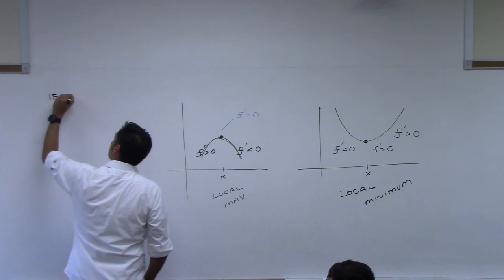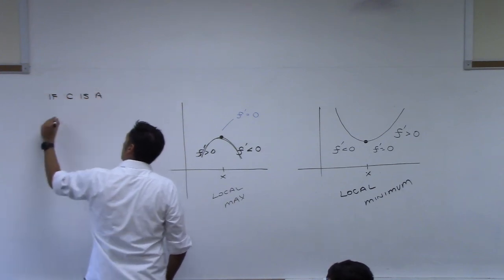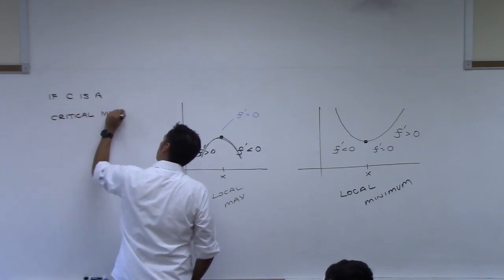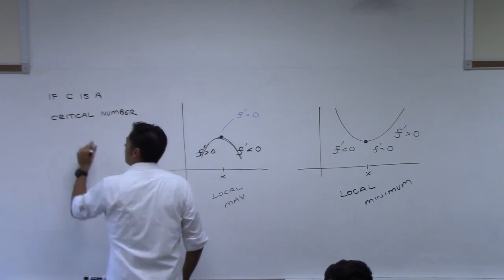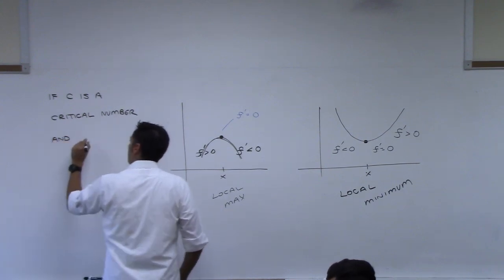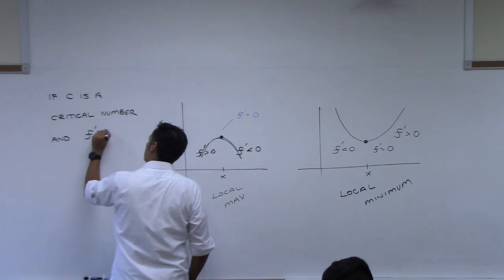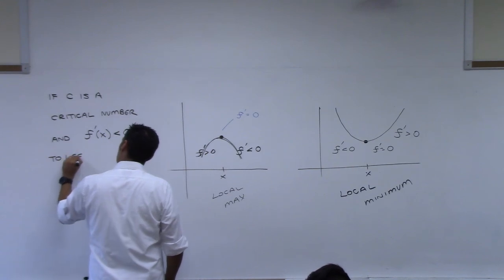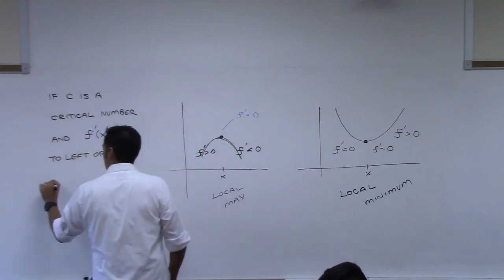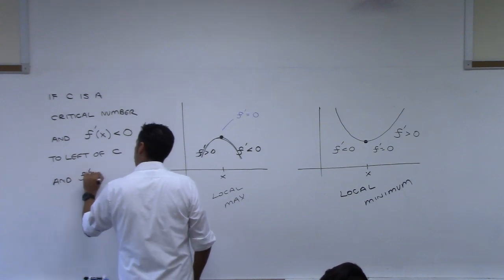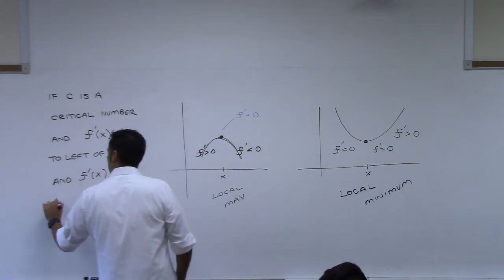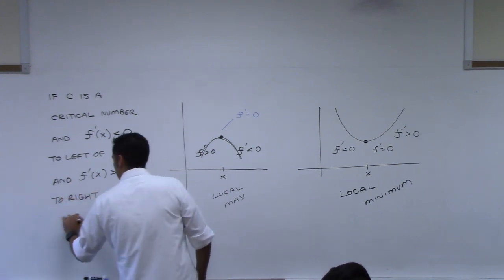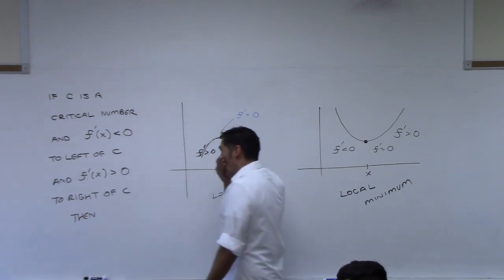If C is a critical number, and f prime of x is less than 0 to the left of C, and f prime of x is greater than 0 to the right of C, then what can you tell me?